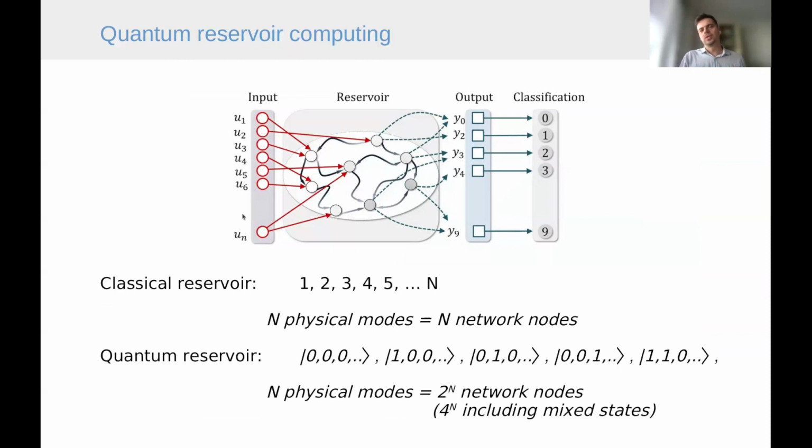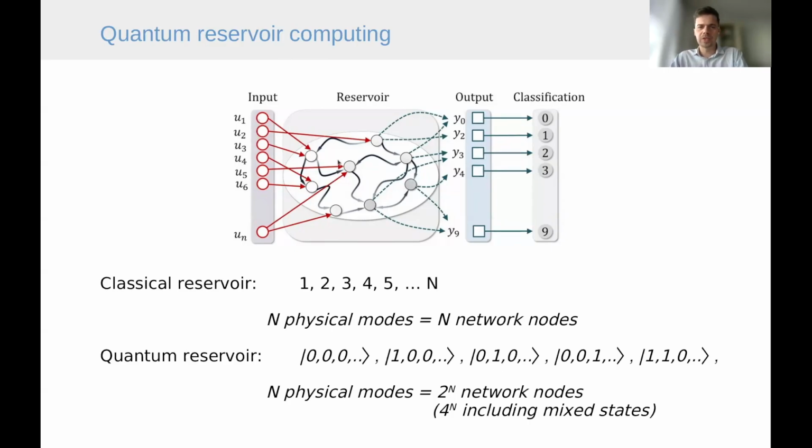If we want to create a reservoir for reservoir computing, but in the quantum case, we have to consider that physical nodes do not correspond exactly to network nodes anymore, as is the case in the classical network. In the case of a quantum reservoir, we have to look at the Hilbert space and the states that are the basis of the Hilbert space.